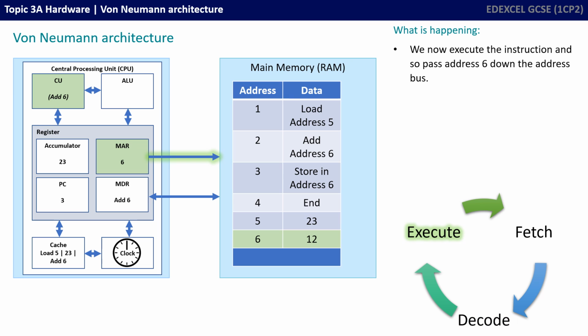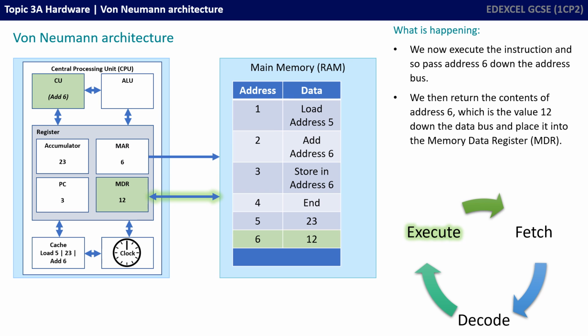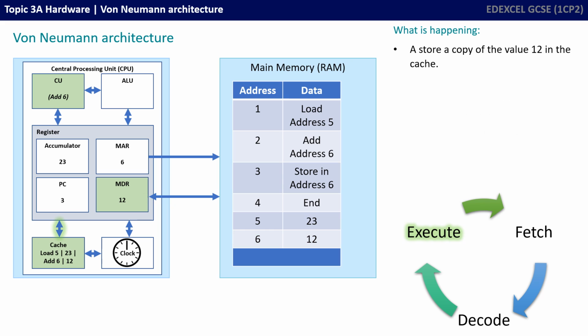We now execute the instruction and so pass address 6 down the address bus. We then return the contents of address 6, which is the value 12, down the data bus and place it into the memory data register. We store a copy of the value 12 in the cache in case we might need it again soon.